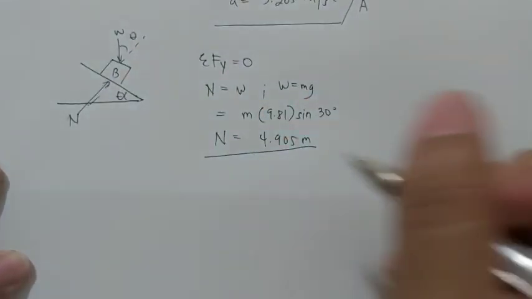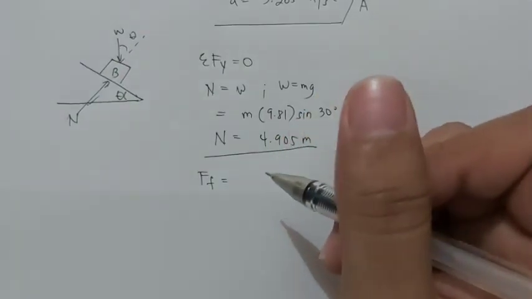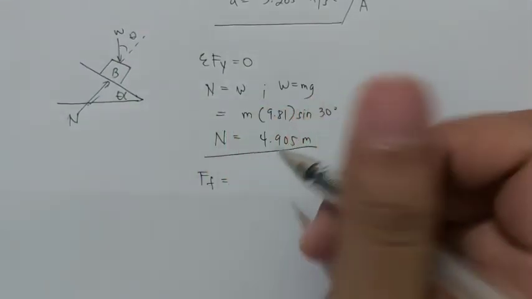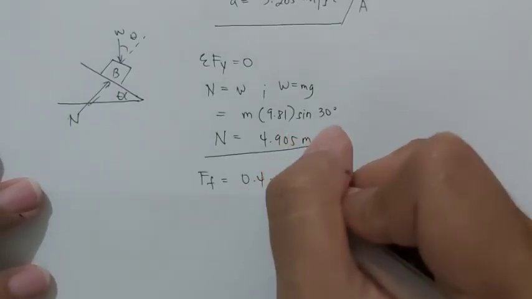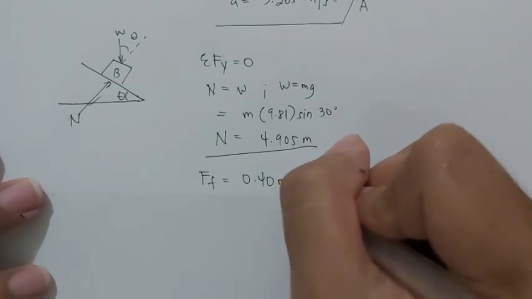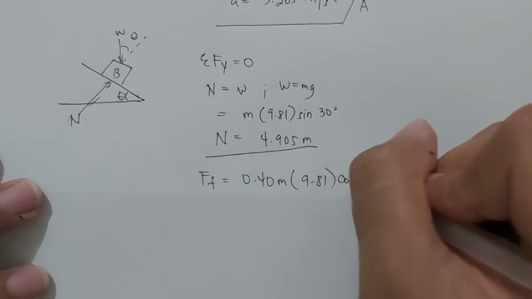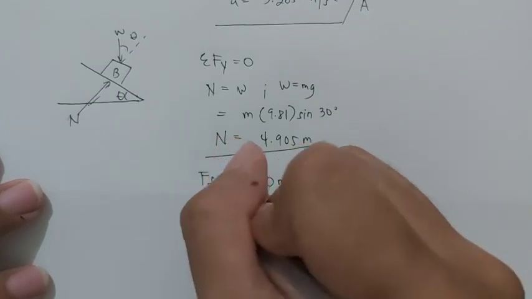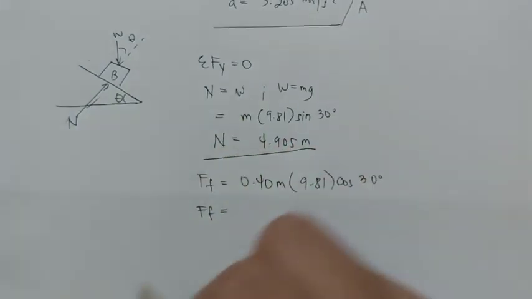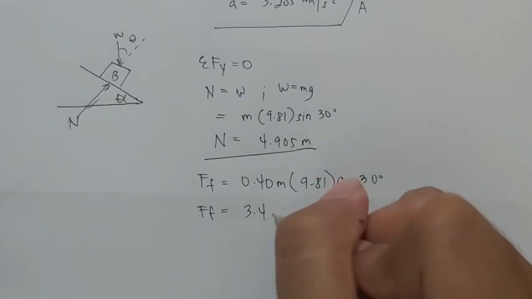Then for coefficient or friction force, sorry, we have for block B, ang coefficient of friction natin is 0.40. So m times 9.81, mass times gravity, and then cosine 30 again. Therefore, our friction force is equal to, so solving for friction force, we can get that friction force is equal to 3.4 m.